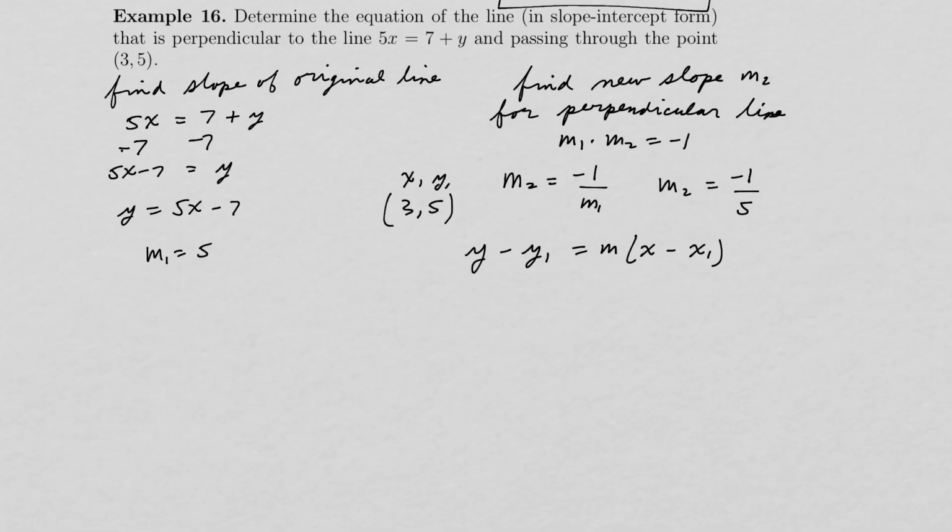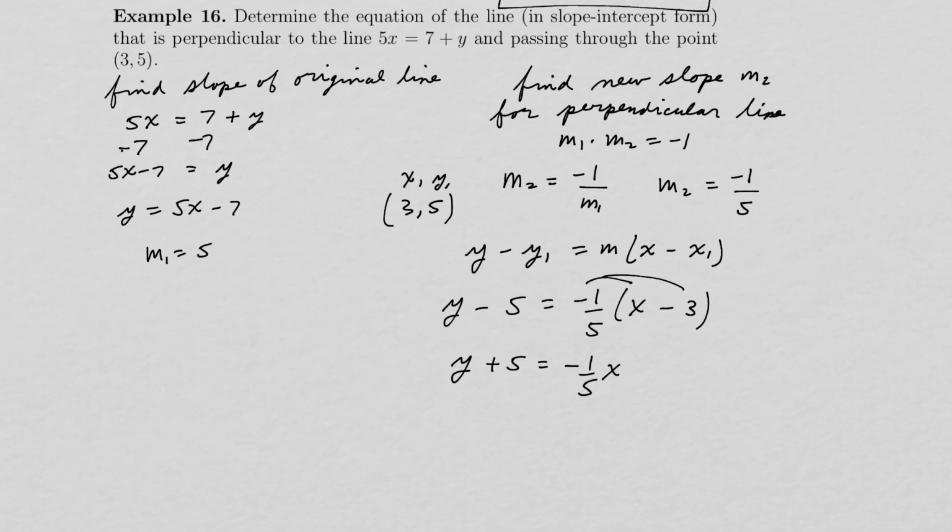So I have y minus 5 equals the slope, which now has to be negative 1/5 for the perpendicular line, times x minus x1, which is 3. Distribute the negative 1/5. So negative 1/5 times x is negative 1/5 x. And then negative 1/5 times negative 3 is positive 3 over 5.